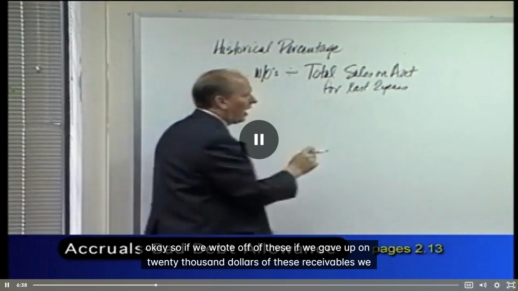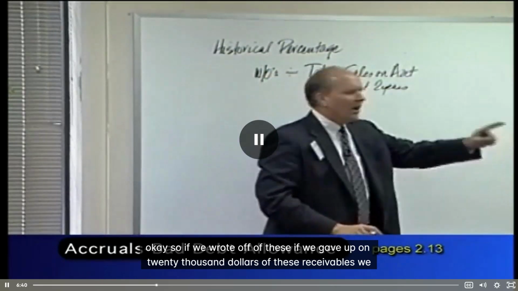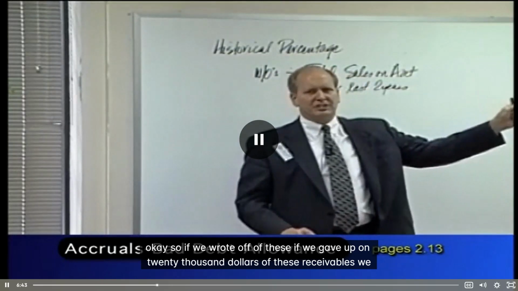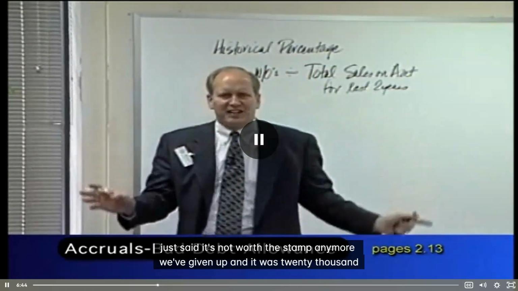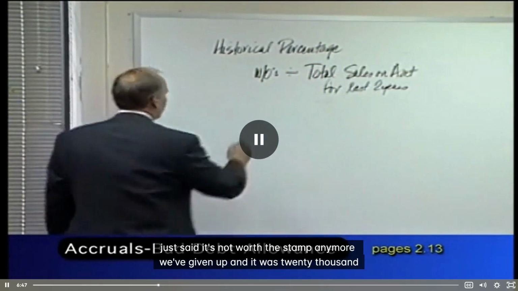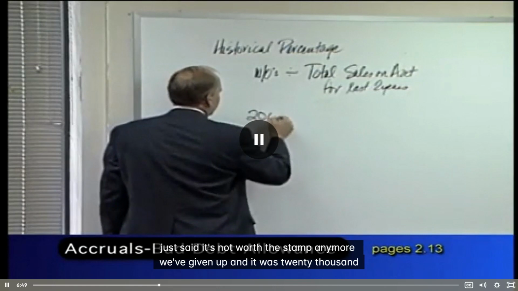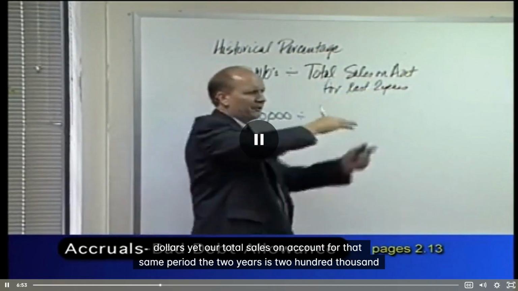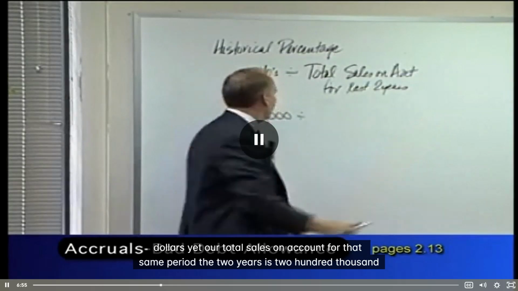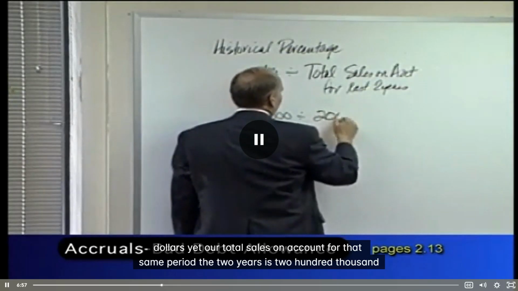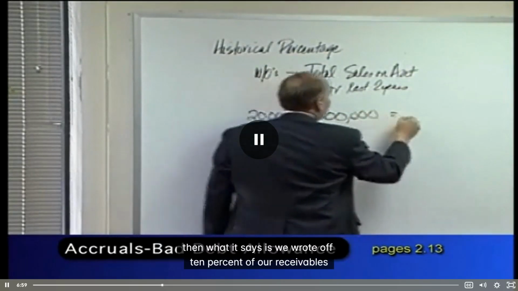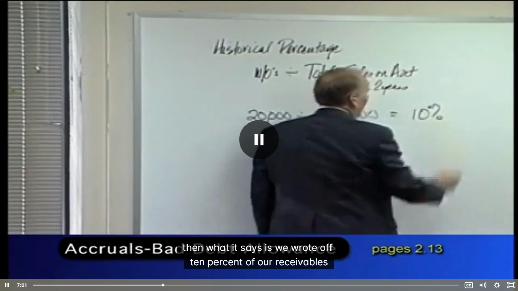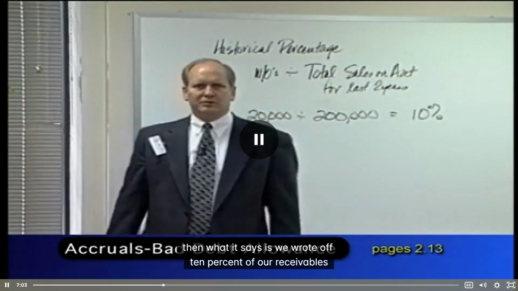So if we wrote off, if we gave up on $20,000 of these receivables, we just said it's not worth the stamp anymore. We've given up, and it was $20,000, yet our total sales on account for that same period, the 2 years, is $200,000. Then what it says is we wrote off 10% of our receivables.